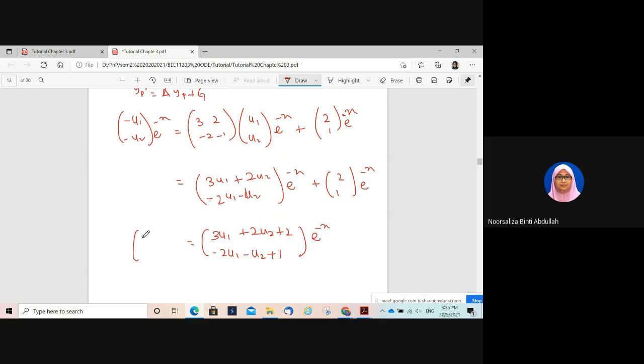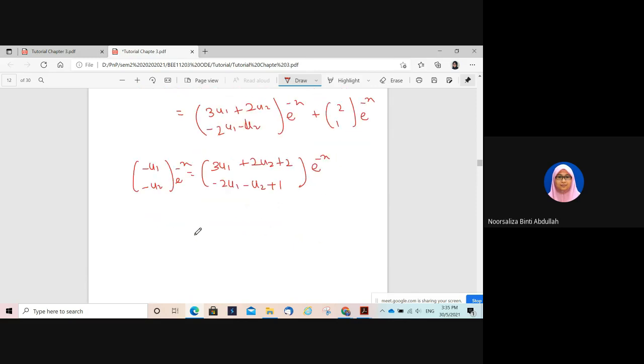Then yang ini minus U1 minus U2 exponent minus X. So ni, minus U1 equals to 3U1 plus 2U2 plus 2.